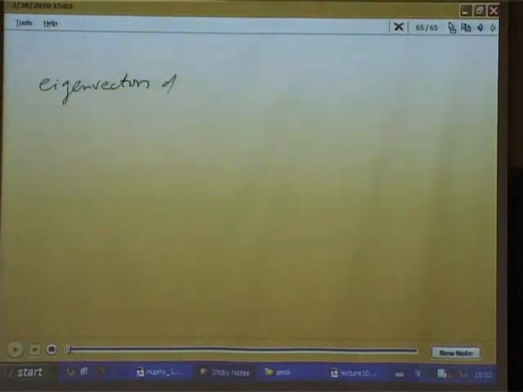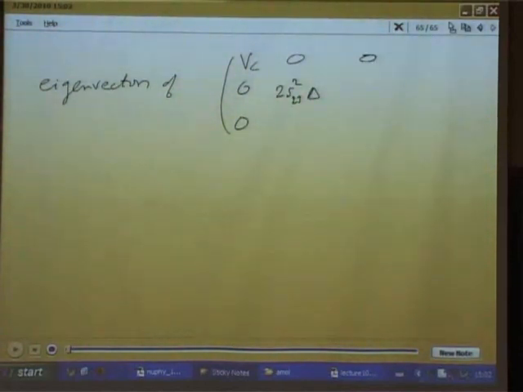So the eigenvectors of this matrix: this was sin square theta 2,3 delta, sin 2 theta 2,3 cos 2 delta, cos square.